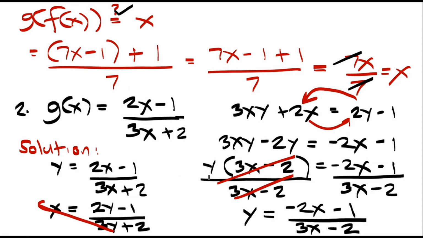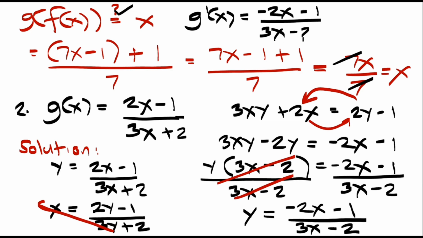And to properly denote the inverse of g of x, we'll be using the prime sign. So the inverse of g of x is g prime of x, which is equal to negative 2x minus 1 all over 3x minus 2.